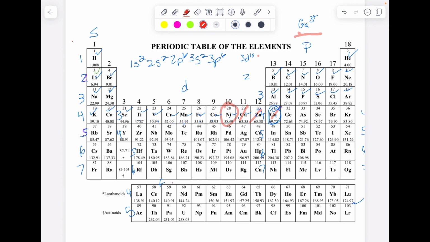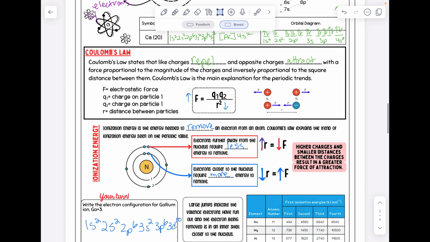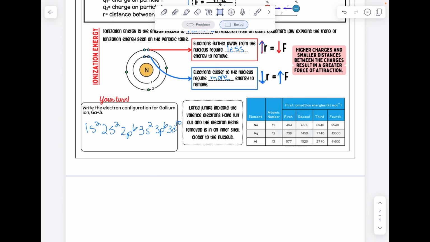And then we can move 3d over, and that's the correct electron configuration. So if you write that down here, 1s2, 2s2, 2p6, 3s2, 3p6, and 3d10, that's actually the correct electron configuration when you have an ion. So don't remove them from the D level if you have higher S and P orbital levels.